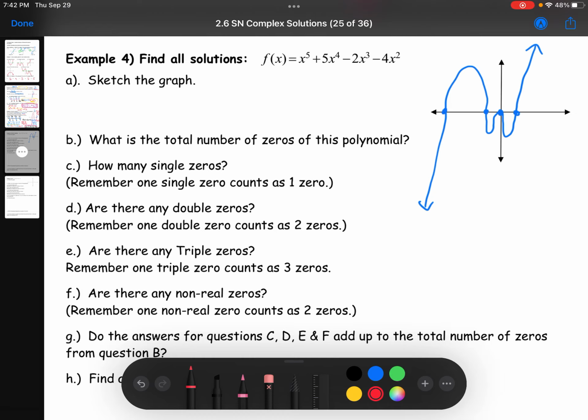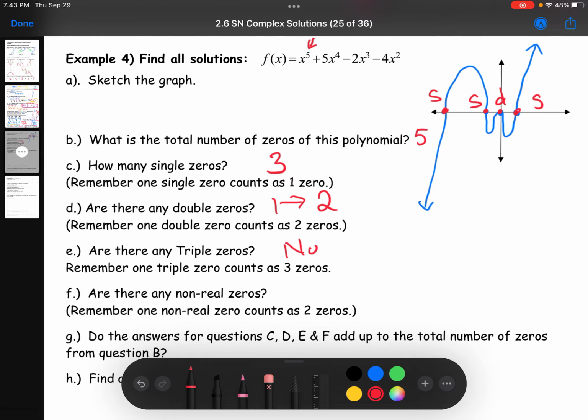Okay? So, the total number of zeros in this polynomial needs to be 5 because of the degree of 5. We have a single root. We have a single root. We have a double root, which counts as 2. And we have a single root. So that does add up to 5 roots. We have 3 single zeros.